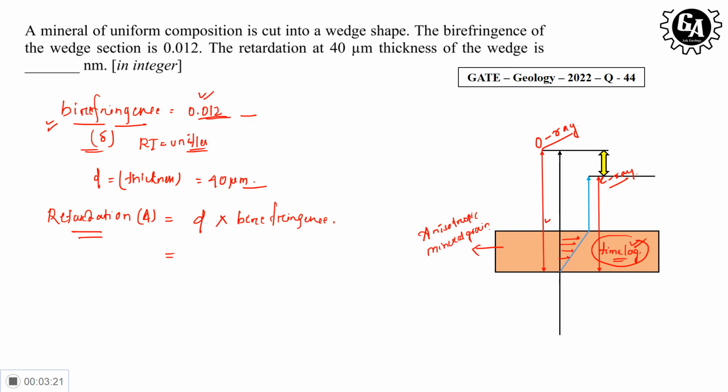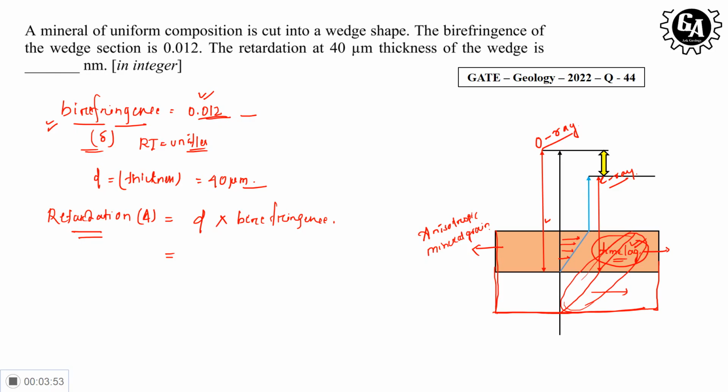This time lag is basically your retardation. If the mineral grain is this much thick, then the bending would have taken place this way, and you can see how much extra path it has to cover. The time lag will increase.